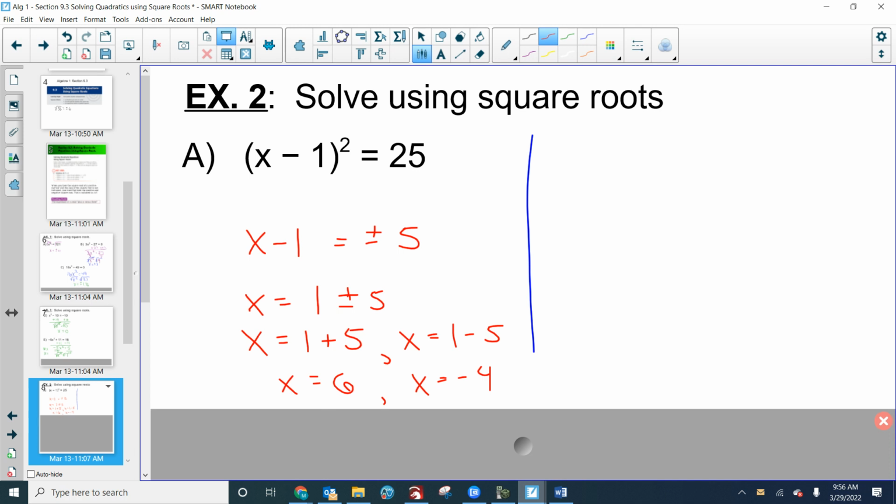Do you see how I'm doing parentheses first now? But if you're unwrapping something, you have to work from outside in. That's what I was talking about. Now we're plugging in numbers. What's 6 minus 1 squared? 25. What's negative 4 minus 1? Negative 5. What's negative 5 squared? Do they both work? Yeah. Okay? So be careful there.